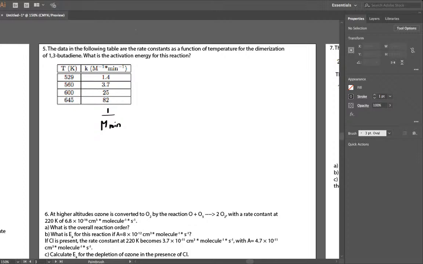I don't think it's that. Let's see here from my notes. The rate K, oh, there are some bugs. Okay, what is the activation energy? That's in moles. Oh wow, this is a bit more complicated.